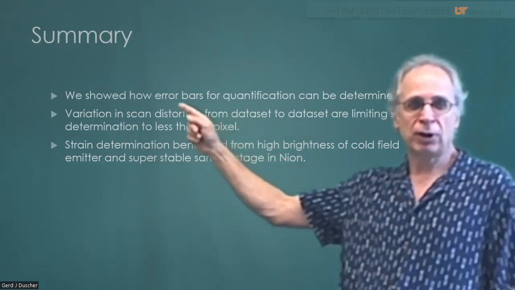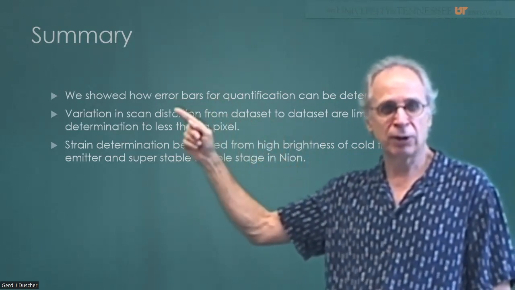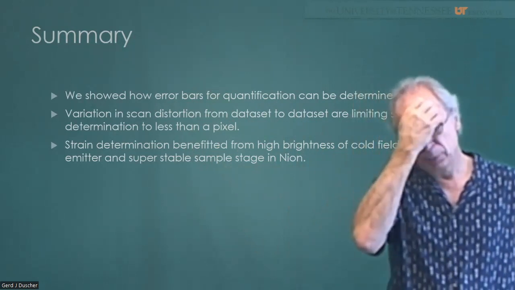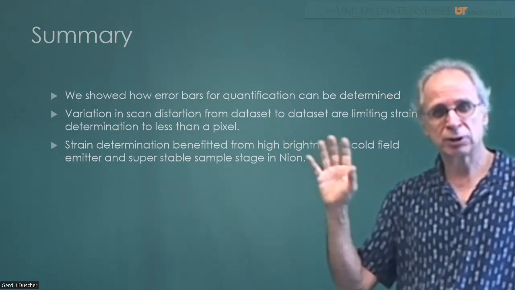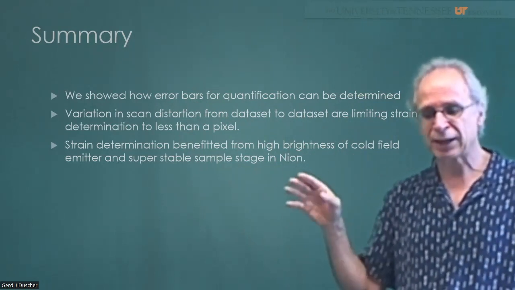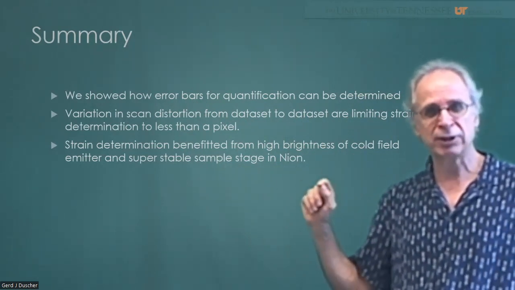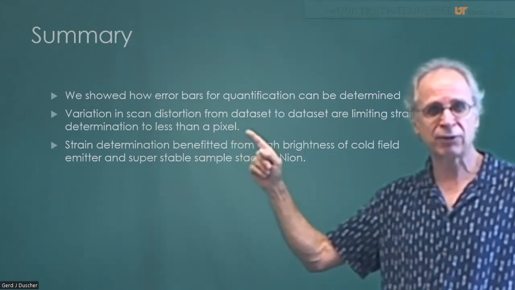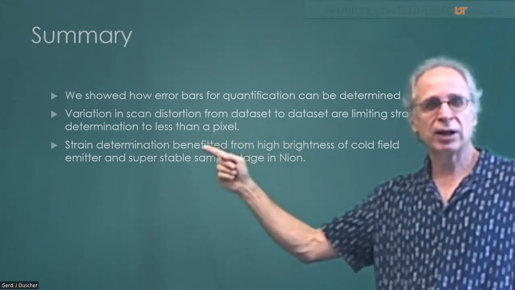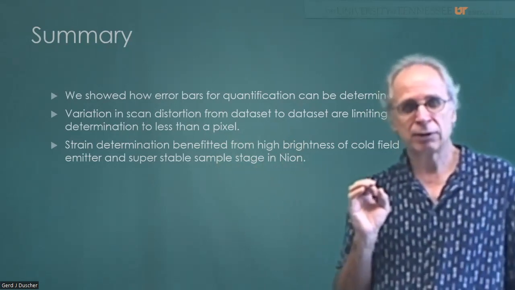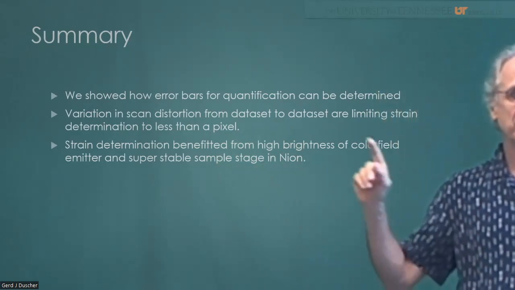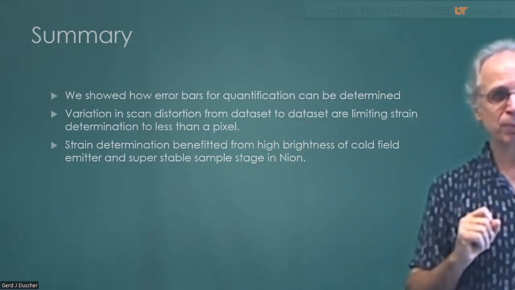We need error bars, otherwise we don't know how good we are. Error bar of a few picometer is in the mega to gigapascal range, so it's relatively high stresses that we can access only. The data sets are limited by the strain determination.